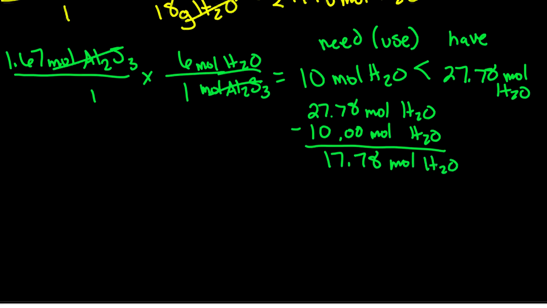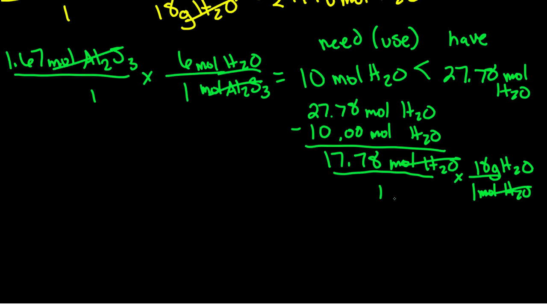But we need mass. So let's do a quick conversion factor right here. So 1 mole of water is equal to 18 grams. That cancels. That cancels.